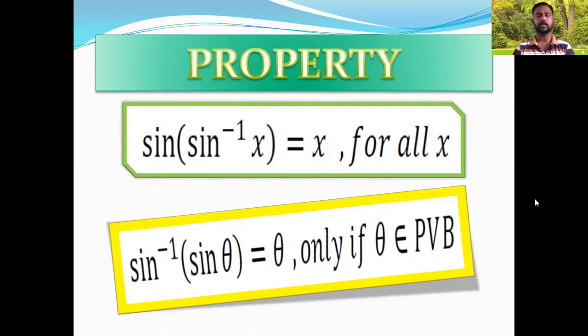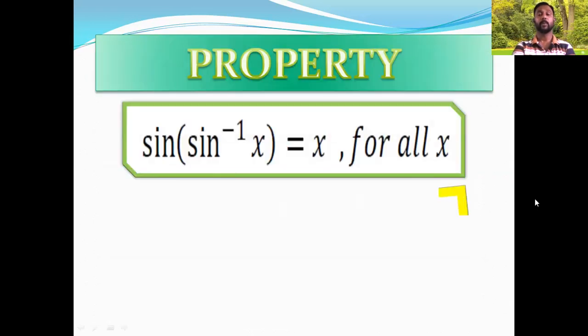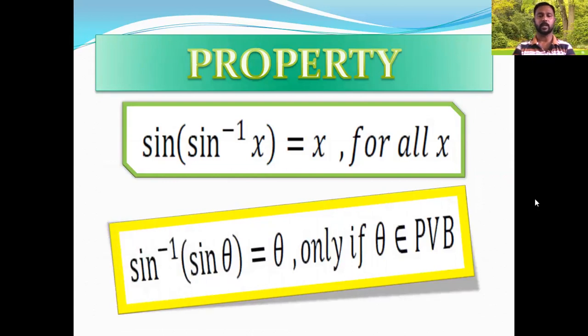Here I am discussing sin inverse, therefore theta must be an element of the closed interval minus pi by 2 to plus pi by 2. If it is cos inverse of cos, then that theta should be an element of the closed interval 0 to pi. That is what is shown here: sin inverse of sin theta is equal to theta only if theta is an element of the principal value branch.